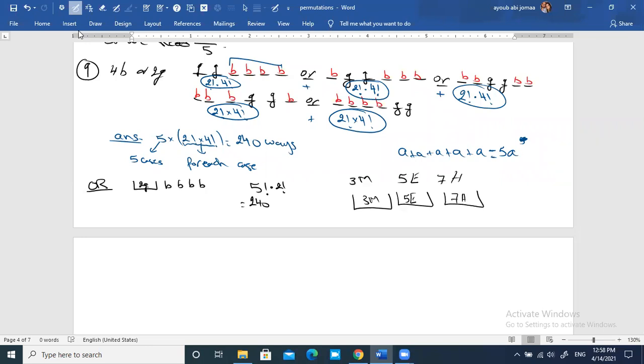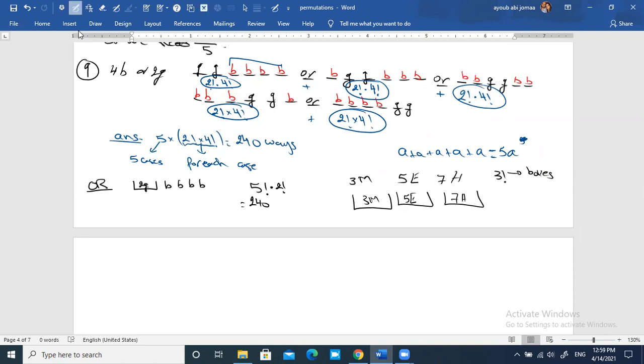The number of ways you can arrange these boxes is 3 factorial ways. Why? Math, English, history; math, history, English; English, math, history; and so on, gives 6 ways, which is 3 factorial.